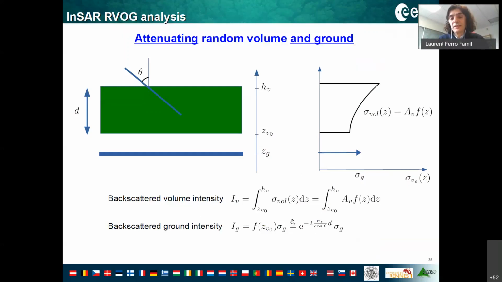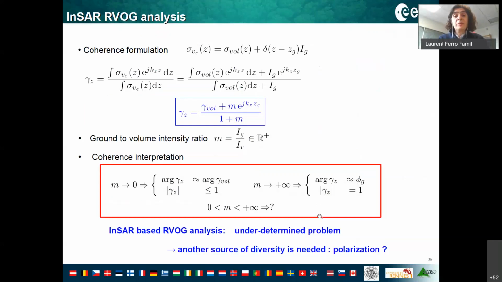Please note that when you compute the ground intensity, you need to account for the two-way propagation through the volume. The wave is attenuated as it goes through the volume on the way down, and this is why you have this exponential term. When you insert this inside the expression of the coherence, you end up with this final expression, which has two terms.